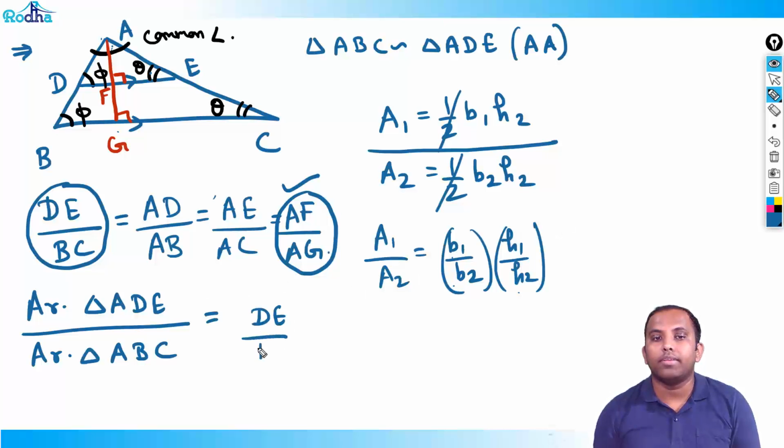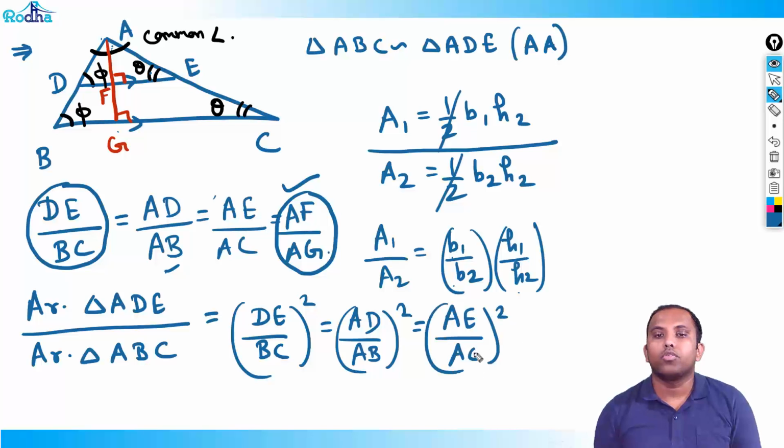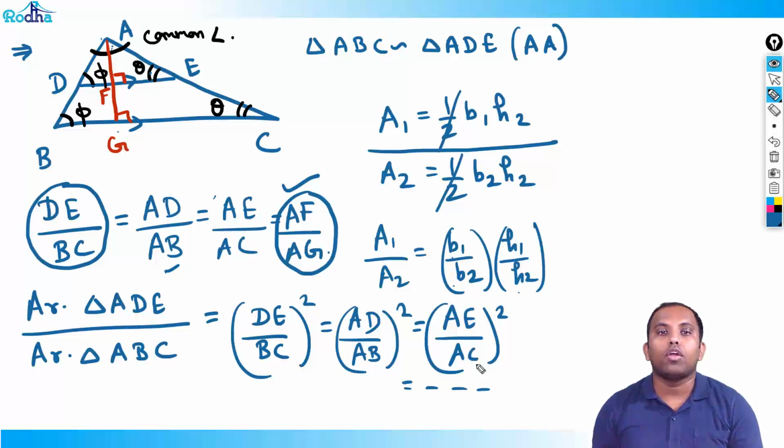DE upon BC squared is equal to AD upon AB squared, is equal to AE upon AC squared, and then moreover the ratio of heights and all will go on. So the ratio of areas of two triangles is the square of the ratio of the corresponding sides and heights and all. Very important point, this one.